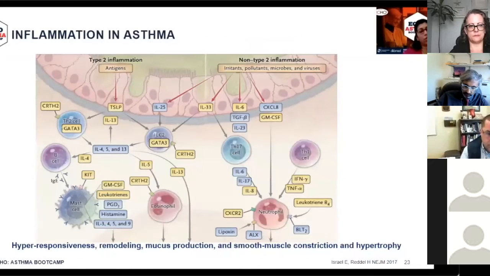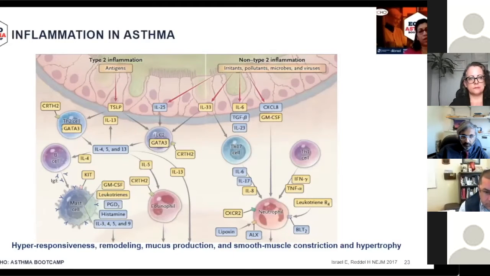Before we jump on to biomarkers, let's talk about inflammation in severe asthma. Type 2 inflammation is represented on the left side of the screen. Allergens and antigens is what often triggers the cascade. Thymic stromal lymphopoietin, or TSLP, is one of the early regulatory mediators that stimulate the Th2 cascade.